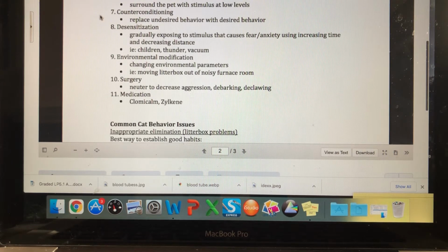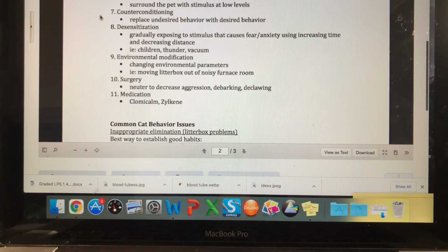And then also we have medication options. So Clomicalm is kind of like an anti-anxiety medication. Zylkene is a nutraceutical, which means that it's a food-based product. It's not a drug. It's a casein, a milk protein, and that can have a calming effect on animals as well.